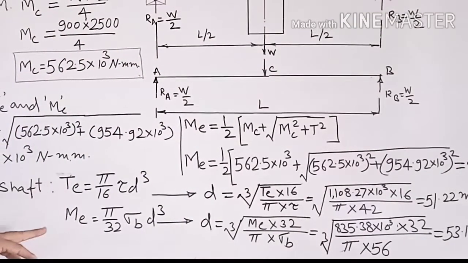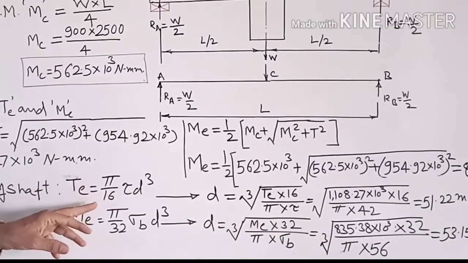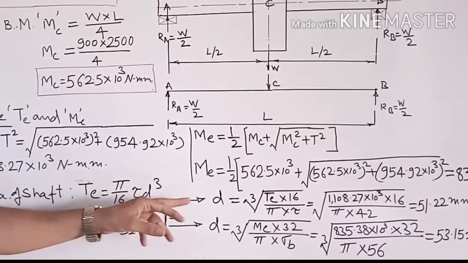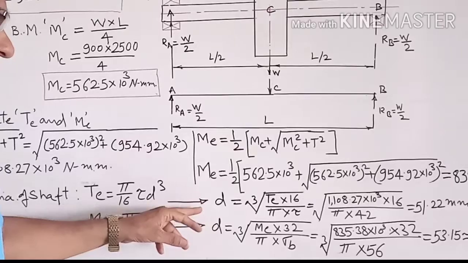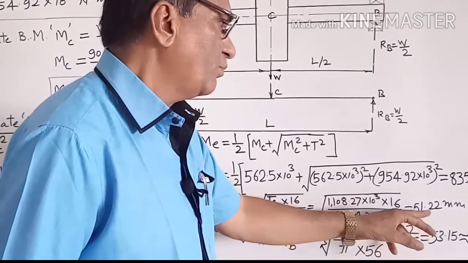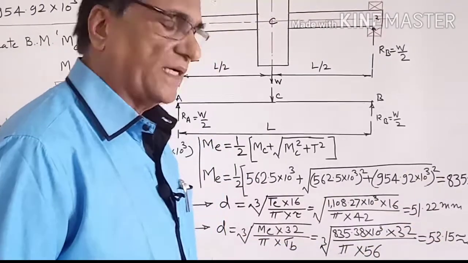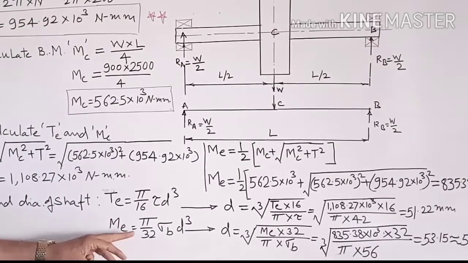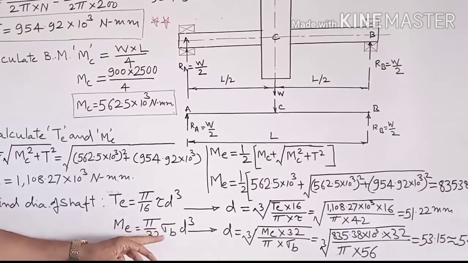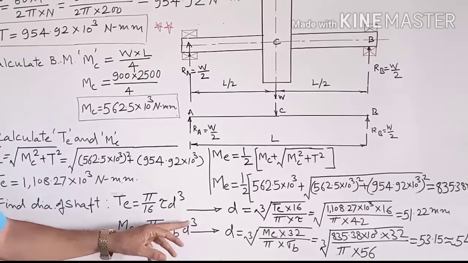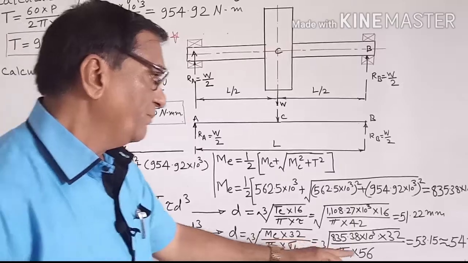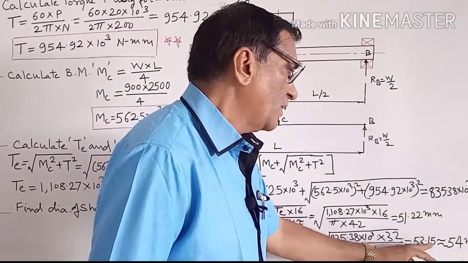Now from the formula TE is equal to pi by 16 tau d cube, we will have one dimension of the diameter, that is D equal to 51.22 millimeter. And from the equivalent bending moment, ME is equal to pi by 32 sigma B into D cube, we will have the diameter, that comes out to be 53.15 millimeter.